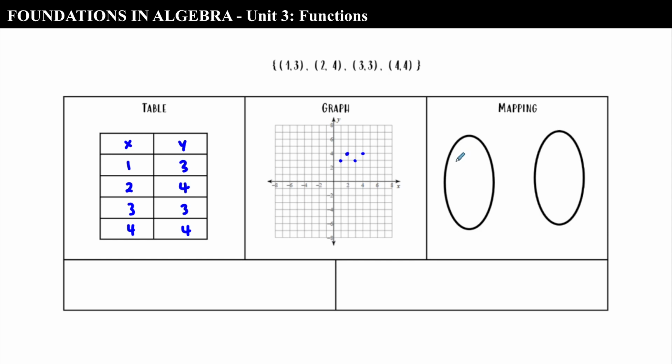And then in our mapping, we are going to have 1, 2, 3, and 4. Those are our x values. Our y values are going to be just 3 and 4. And then we're going to draw our lines from 1 to 3, 2 to 4, 3 to 3, and 4 to 4.